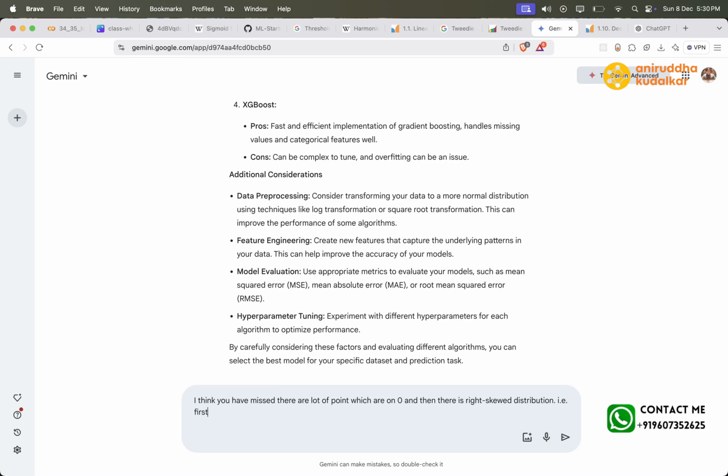That is, first many points on 0, and then a right skewed distribution. So what shall I use? Which algo shall I use from scikit-learn?